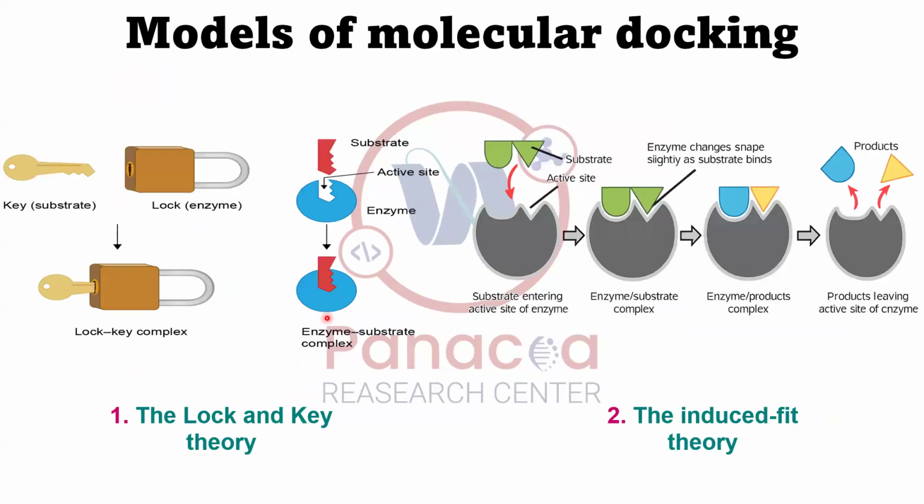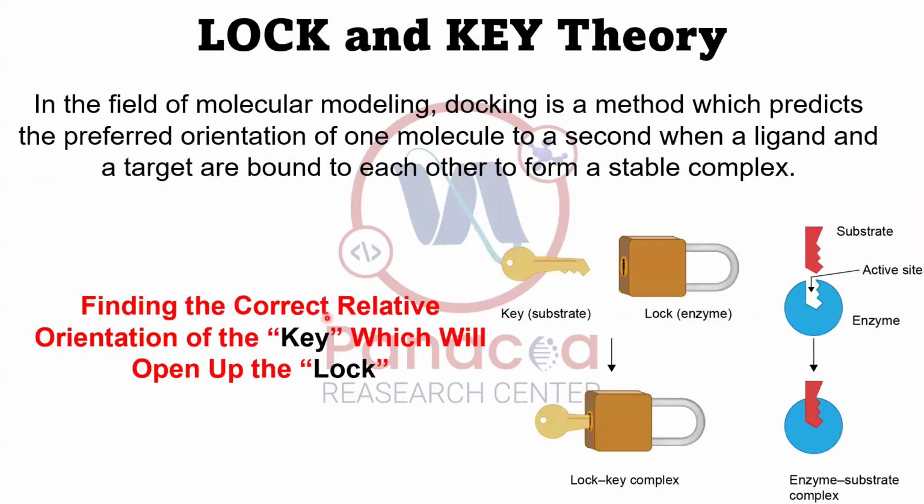So usually molecular docking follows two types of models: the lock and key theory and the induced fit theory. In the case of lock and key theory docking, the protein is treated as a lock and the ligand is treated as a key.